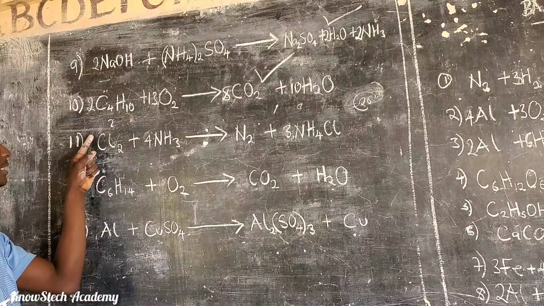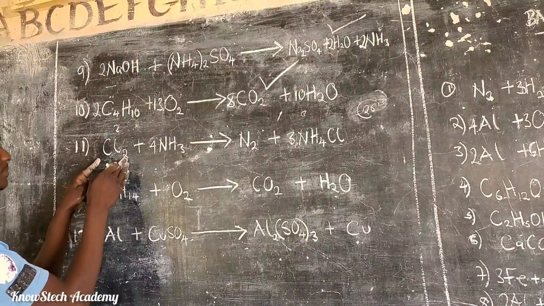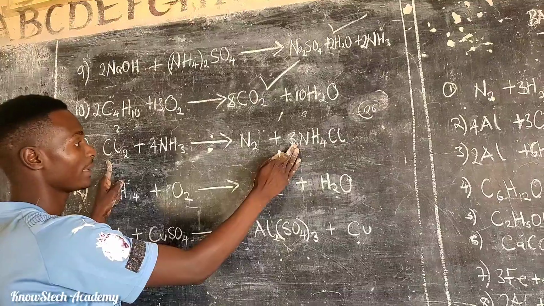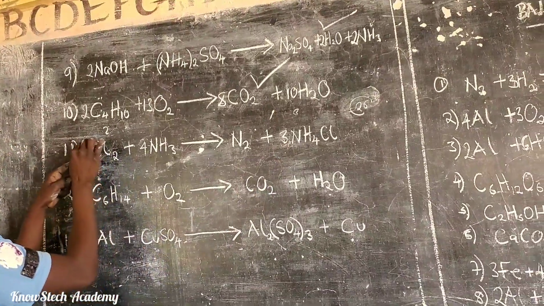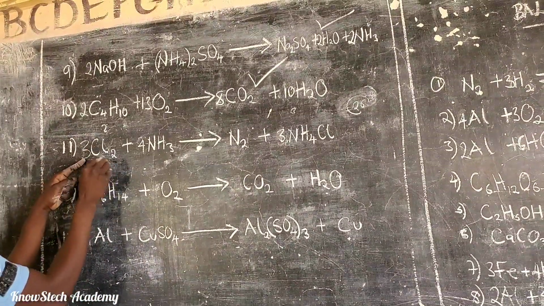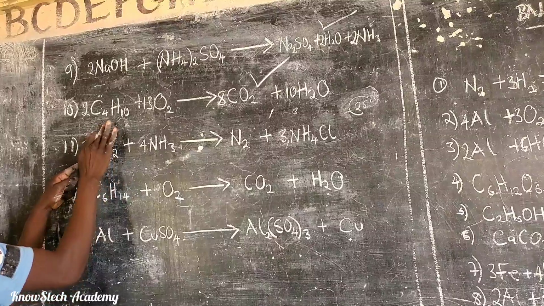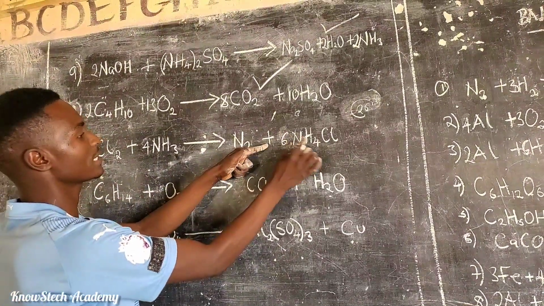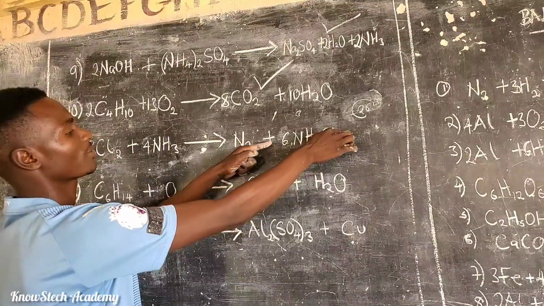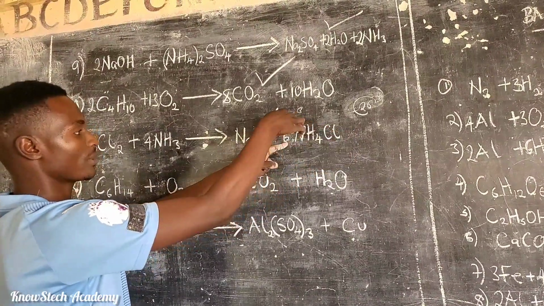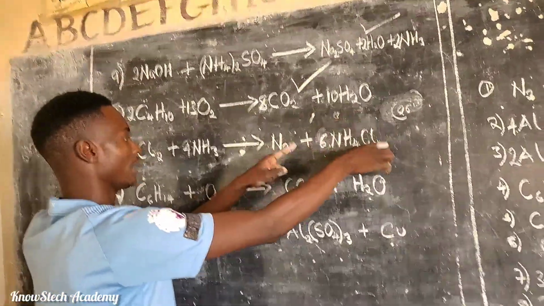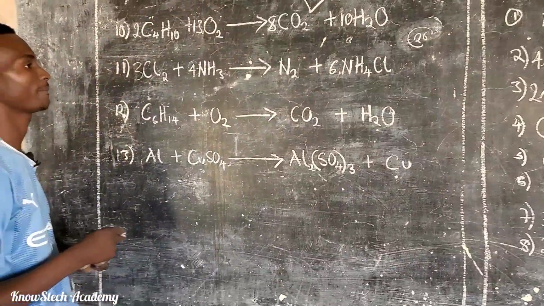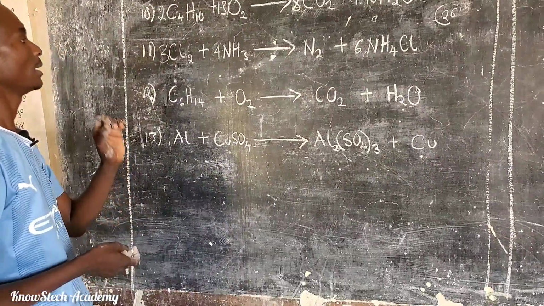By writing a 3 and it becomes 6, and then here introducing a 6, right? Now if we put a 3 here, the number of chlorine atoms will balance, right? Then here we're going to change the 3 to 6 because we only have 1 atom of chlorine this side. So we're going to write a 6 here, and the number of chlorine atoms balances.